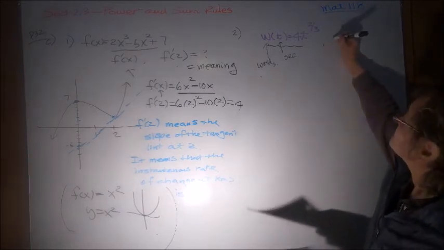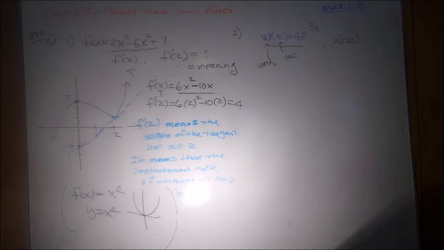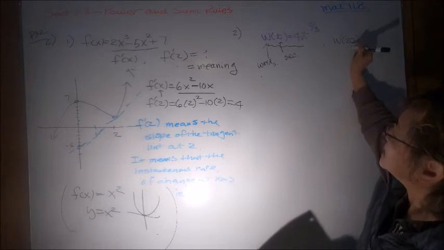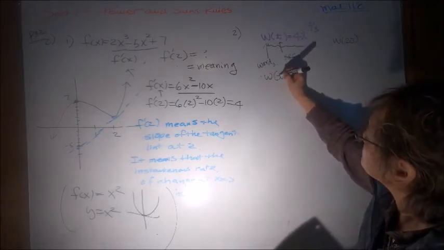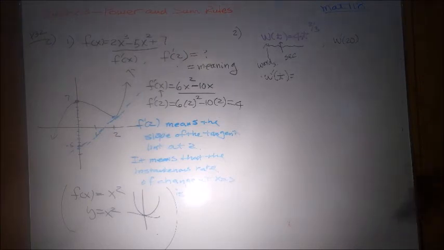Then he wants us to find W prime of 20 and see what it means. For the symbol sense, if you want to find W prime of 20, first we find W prime of T. We take a derivative. Then we see what it means, okay?